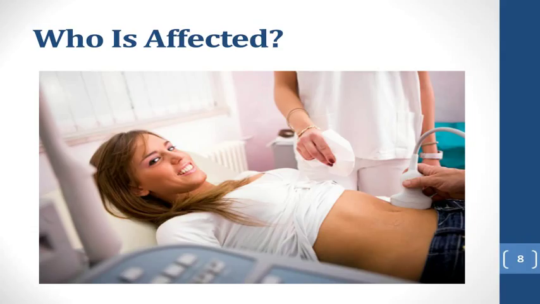If you look, there's a hand on the right-hand side of the picture. It looks like a man's hand, holding a probe, and that's the ultrasound probe. Well, that person who's operating the probe may have to do that motion many hundreds of times, even thousands of times over the course of their career.